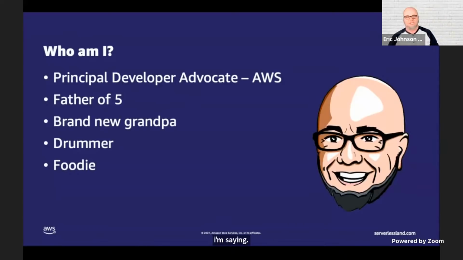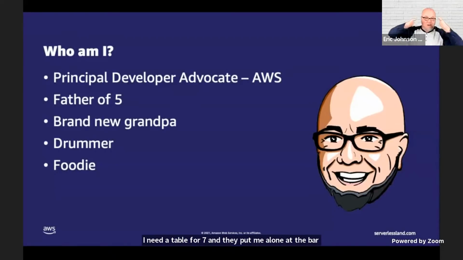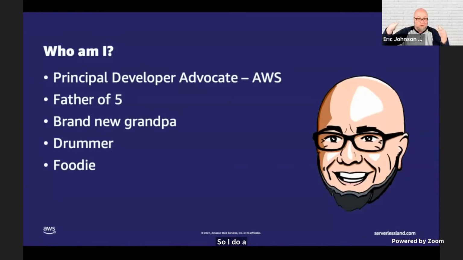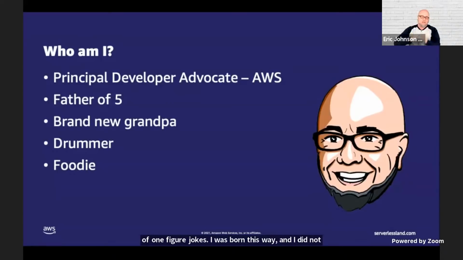Those are kind of some of the rules that I have when I'm talking. And again, they're guidelines to help you understand because, you know, I'll say, hey, I need a table for 7 and they put me alone at the bar. So I do a lot of one-finger jokes. I was born this way. I did not wake up this way this morning for the first time. That would have been, I wouldn't be here on this video, I promise you that. But I like to make jokes and have fun, and hopefully you're not uncomfortable with that. Either way, I'll be comfortable, so we're good. We'll have a good time.